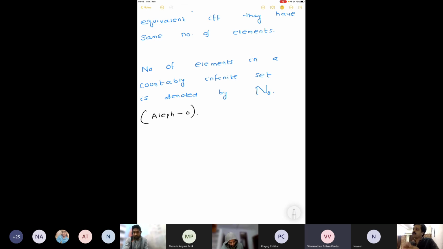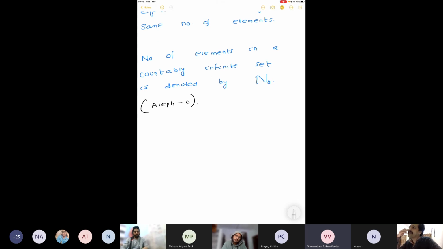So every countably infinite set is numerically equivalent to each other, and they are all numerically equivalent to the set N of natural numbers, and we regard its cardinal number as Aleph naught. So now you have cardinal number 1, a set with one element, 2, 3, etc. And also you have the cardinal number Aleph naught.